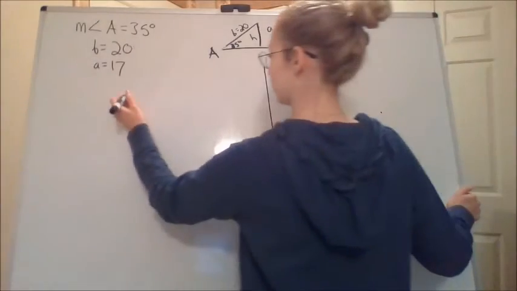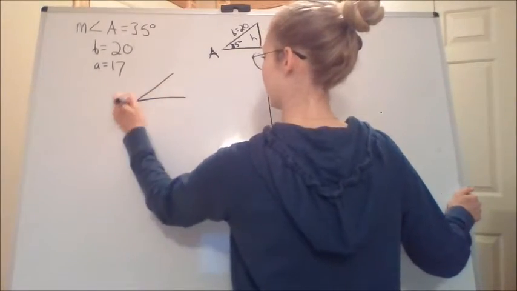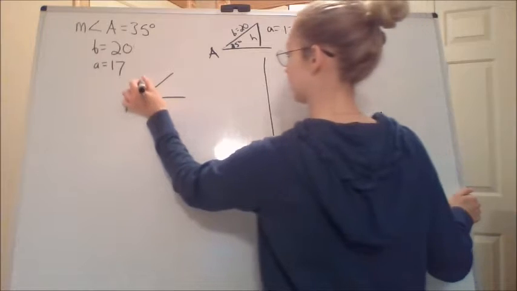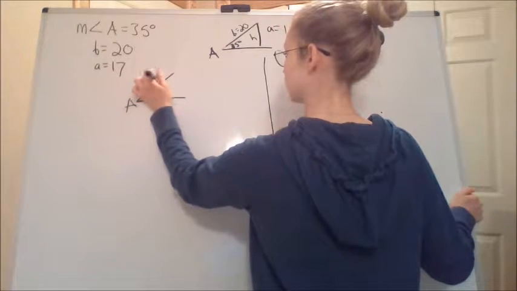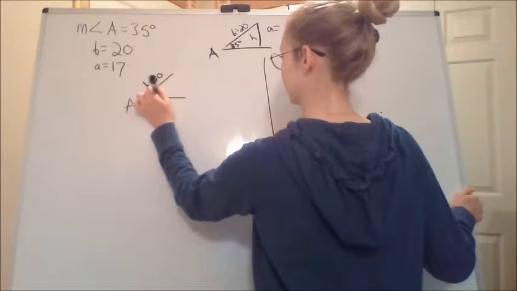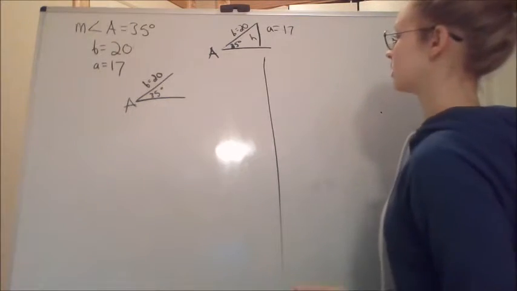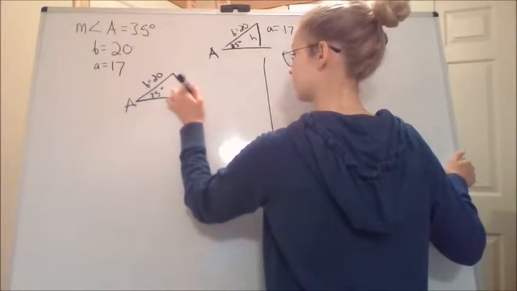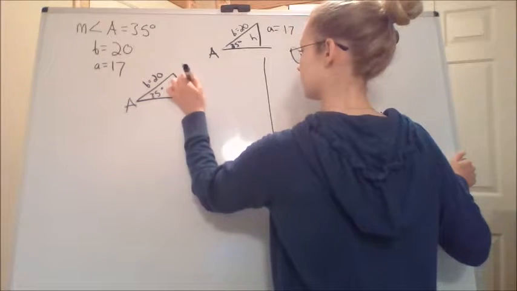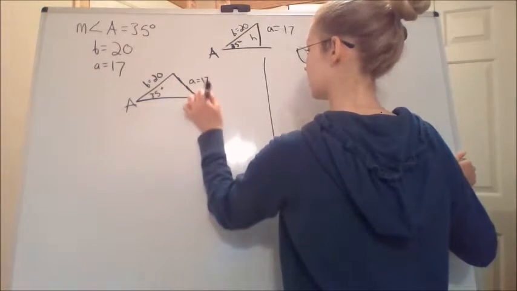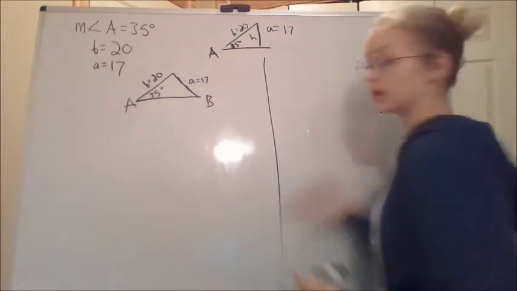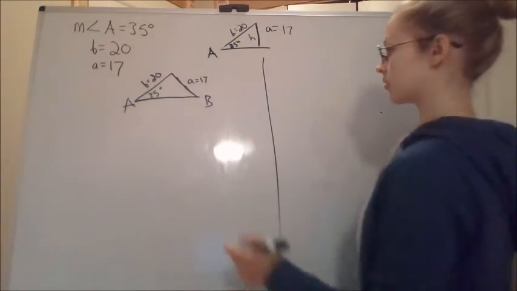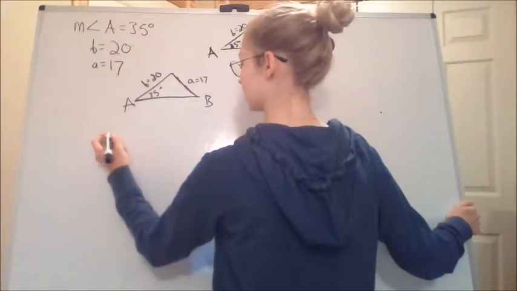So we have a triangle here. We have our angle A, just like we have up here. We have our B, which is 20, and by the way, this is 35 degrees. And then we're going to have a side A going outward like this, such that our angle B is going to be an acute angle. So we're going to use the law of sines with that in mind.